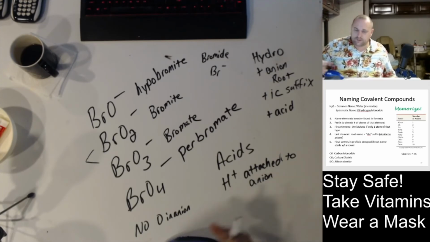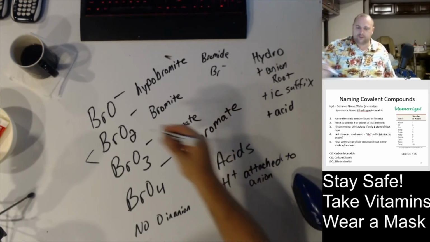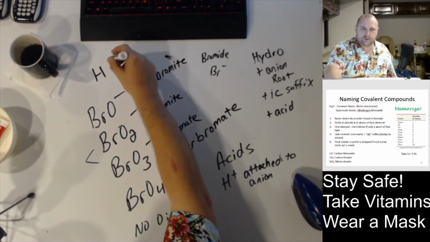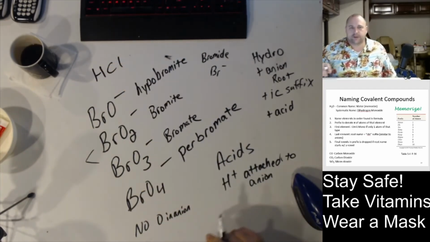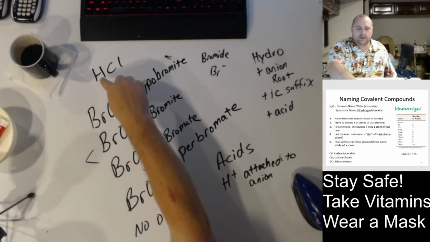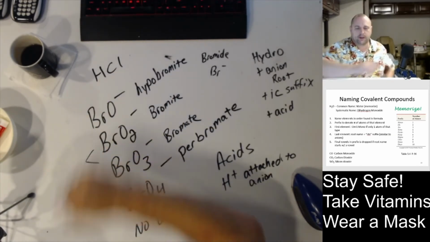Okay, so it's always going to end in acid. So let's try way up here. I'm trying not to erase this yet because we're going to use it. So HCl is a nice common acid. So this would be hydrochloric acid.